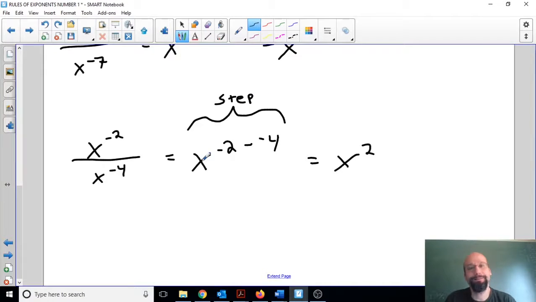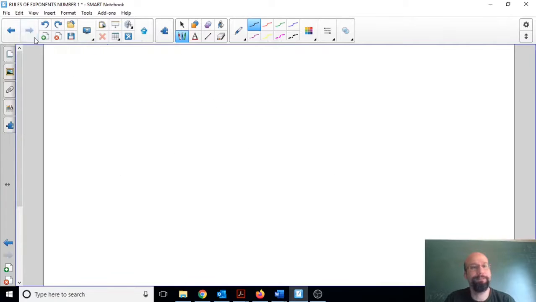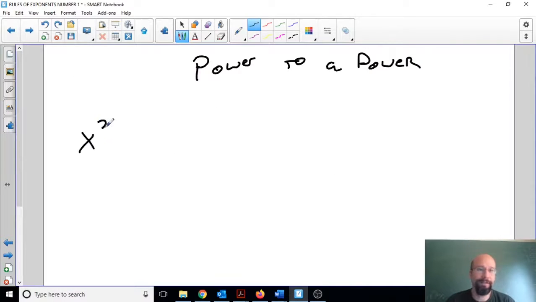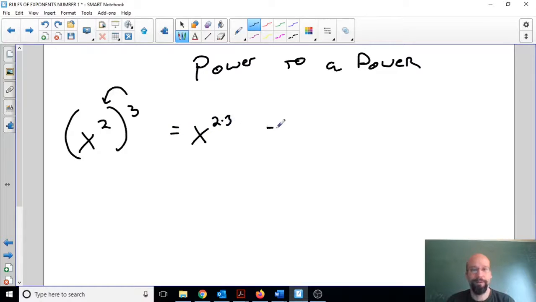All right, now the last one is power to a power. So this would be like if you have x^2 and the whole thing is to the power of 3. Power to a power, you multiply. So this would be 2 times 3, which is x^6. So you multiply when you have power to a power.